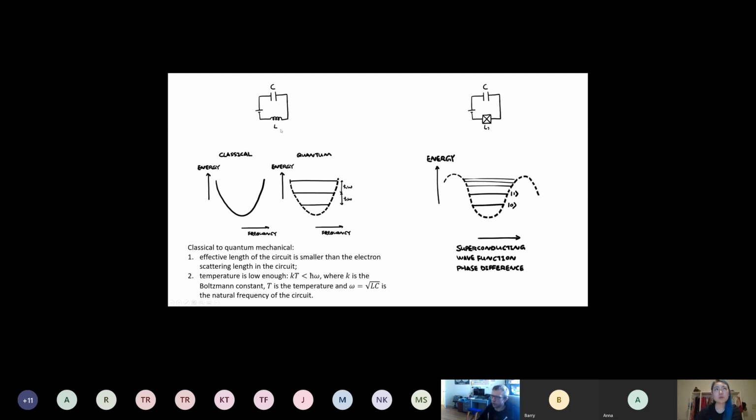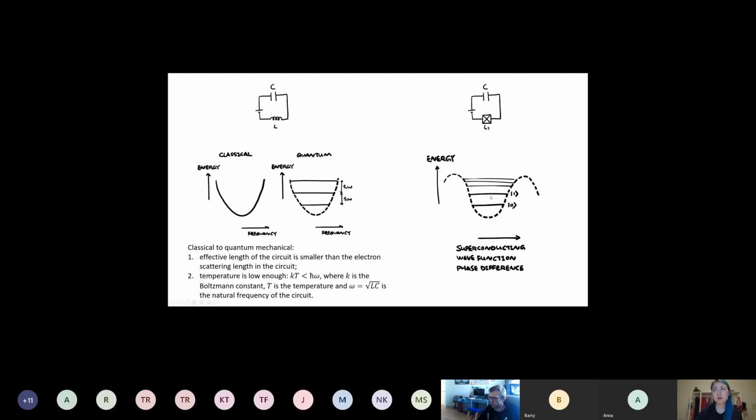Then what people did was to replace this inductor with the Josephson junction. What it does is modify its oscillating profile to be uneven. So when it's in the quantum regime, you still get these split discrete energy levels, but the spacing is different between each two levels.